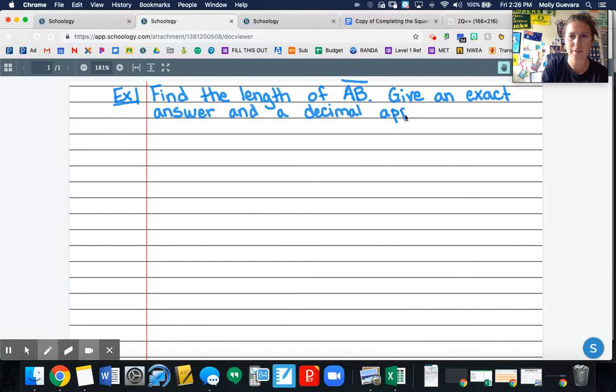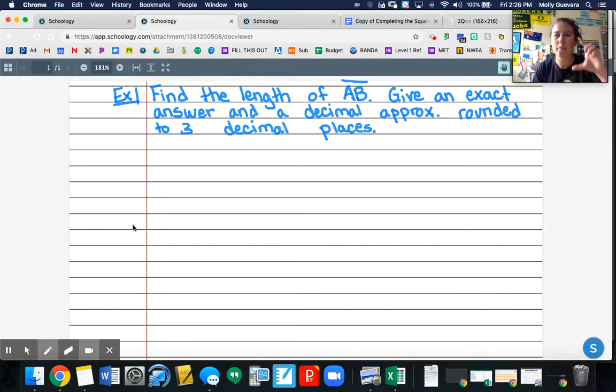I'm going to abbreviate approximation so I don't have to write the whole thing. And then we're going to round it, so rounded to 3 decimal places.